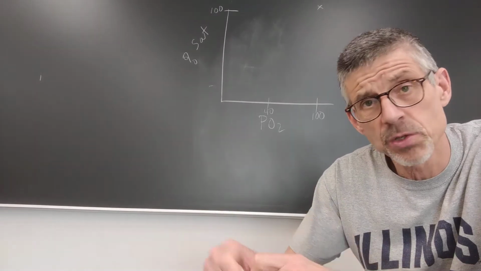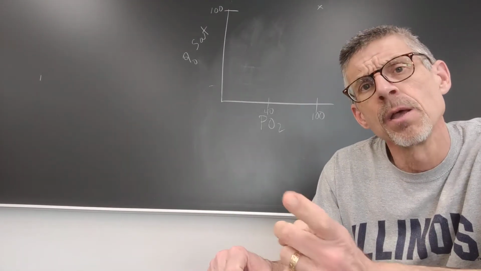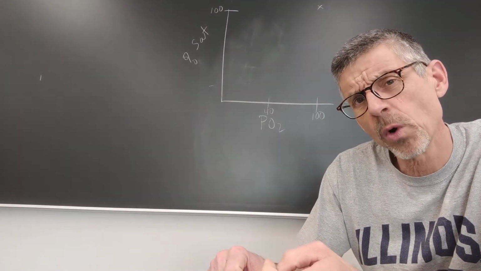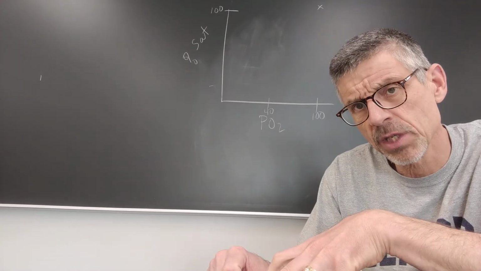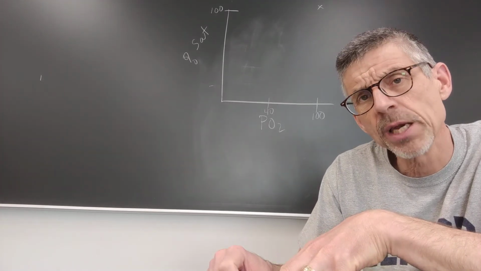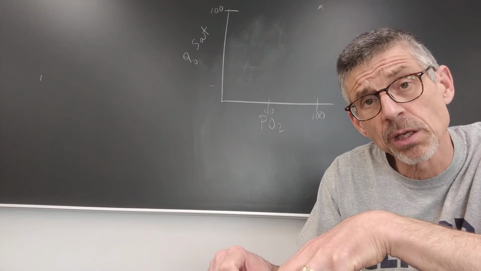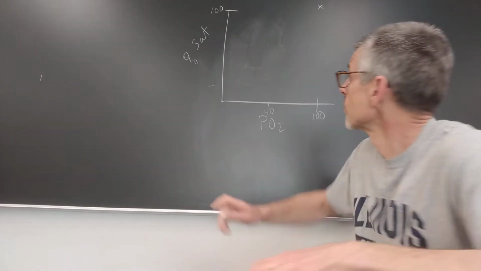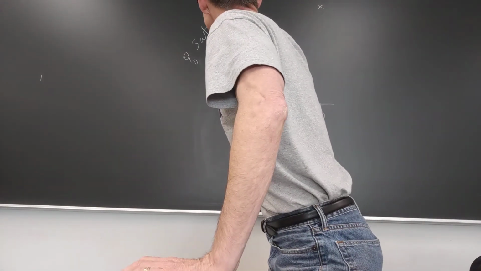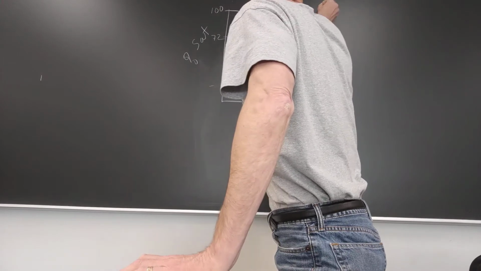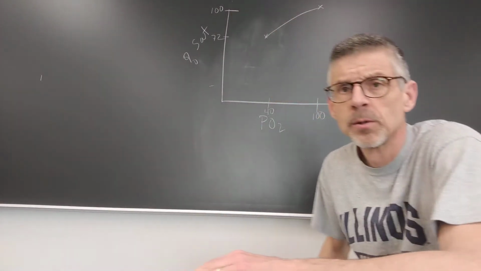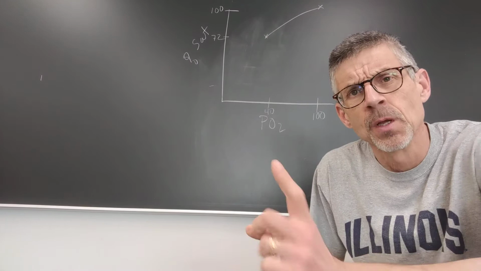The cells are continuously consuming the oxygen. At a PO2 of about 40, at the metabolically active cells, blood has about a 72% hemoglobin saturation. Curve looks like that.